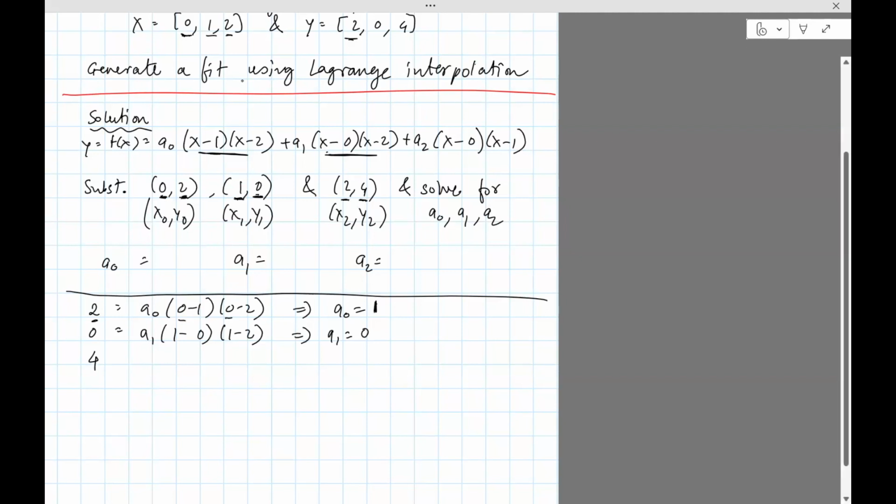So 4 here equals a2, 2 minus 0, 2 minus 1. Yes, you're right. My bad. You get 1, 0, 2.